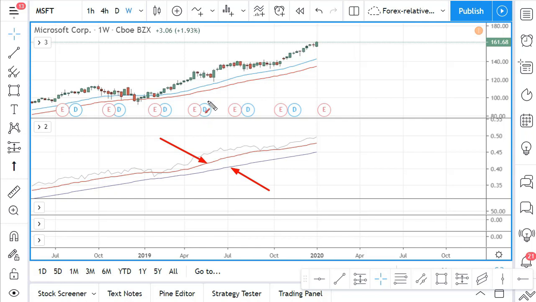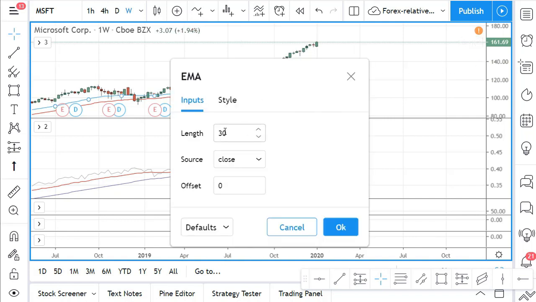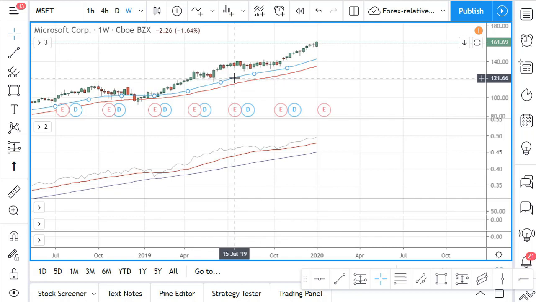And normally up here you can see two lines as well, and these are two moving averages on the price, meaning that at a certain point here we have a blue line saying, let's say this is the 30-week moving average. So at this exact moment in time, the indicator tells us that the moving average was at $123.